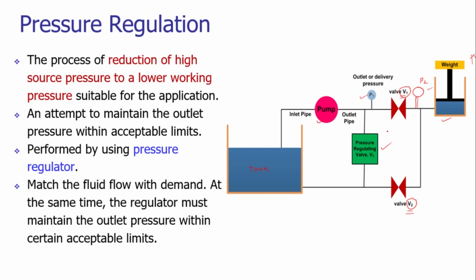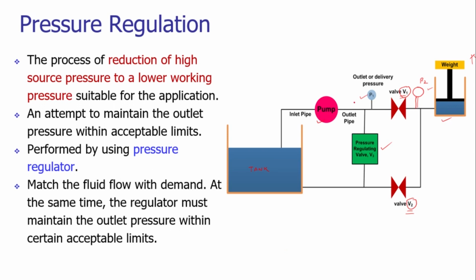The pressure regulating valve is non-return type. It allows the fluid to flow in only one direction, but it will open at a certain threshold value, and that threshold value can be set by the operating person.